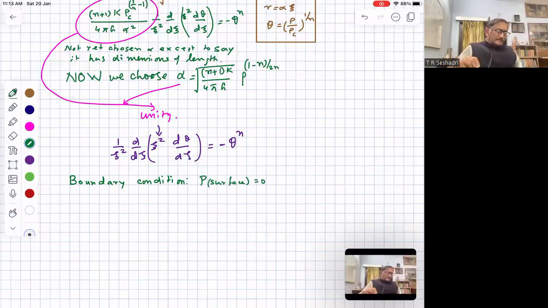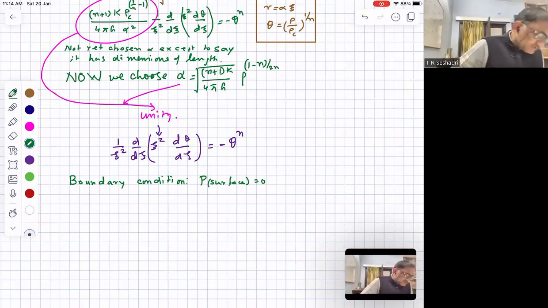And I had told you why we need it. Because the outside pressure is 0. If the inside pressure just below the surface is non-zero, then there will be a pressure imbalance and the system will expand. Since we want equilibrium, this should not be allowed, and hence the surface pressure is made 0. This is the reason for this boundary condition.